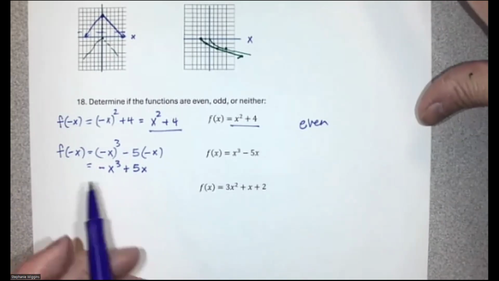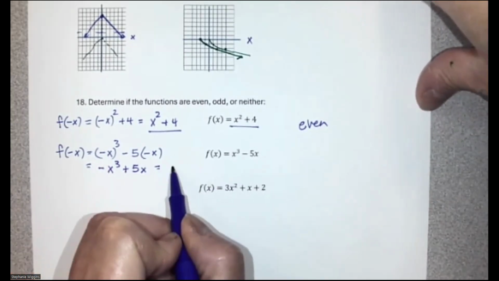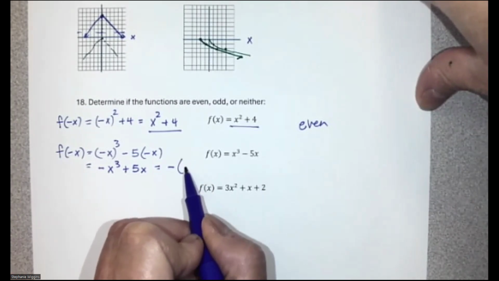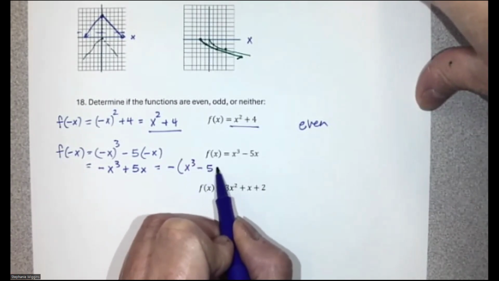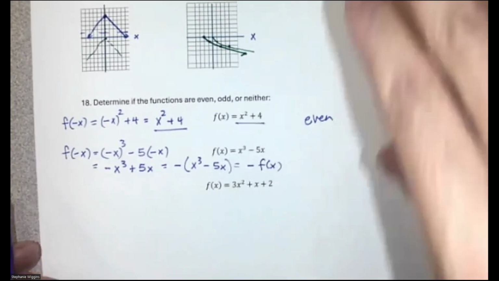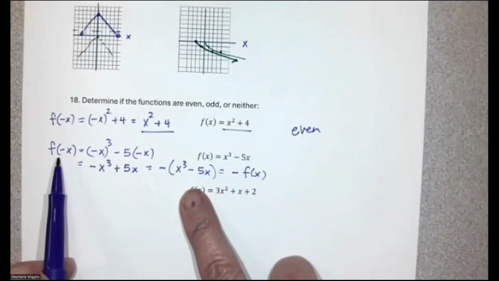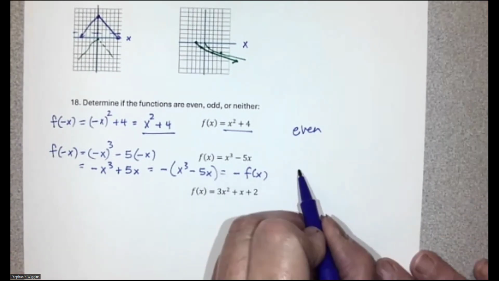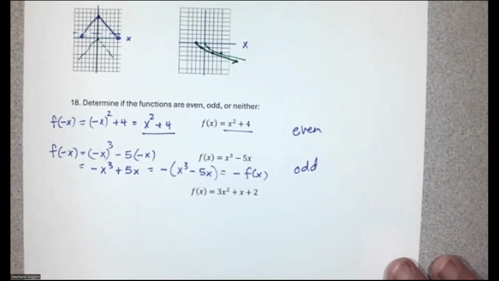And what you'll notice is that this is the opposite of our original function. This is just minus x cubed minus 5x, so minus f of x. So when you plug in a negative x into your function and you get the opposite sign of your original function, then you know that you have an odd function.